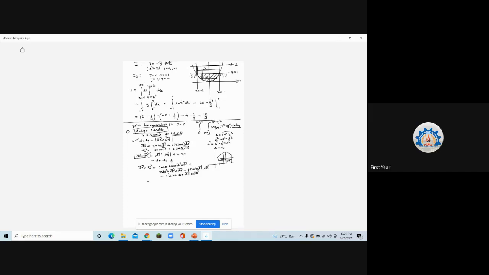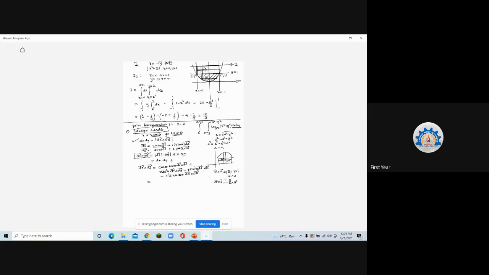After this, you know the fact that the cross product of the same vector is 0. It is mod of a bar into the sine of the angle between the two, but the angle between two parallel vectors is 0, so sine 0 is 0. And the other fact is a bar cross b bar is minus b bar cross a bar.